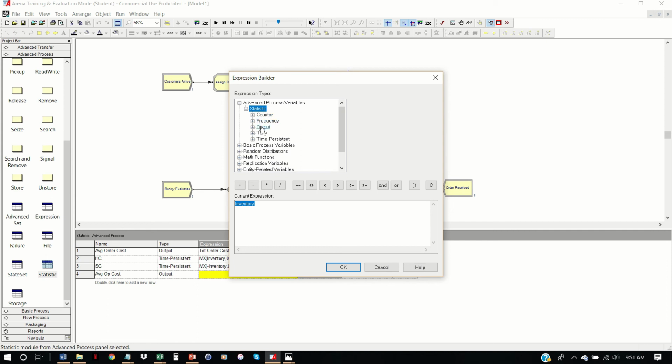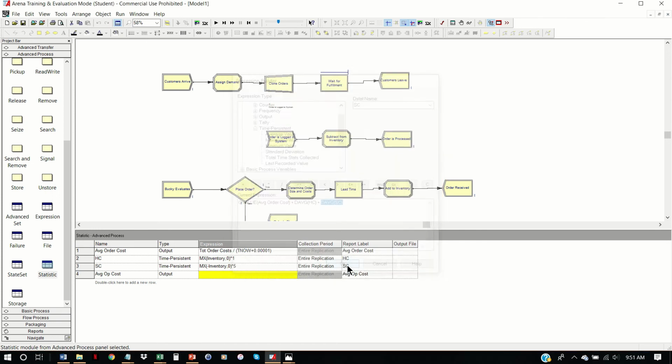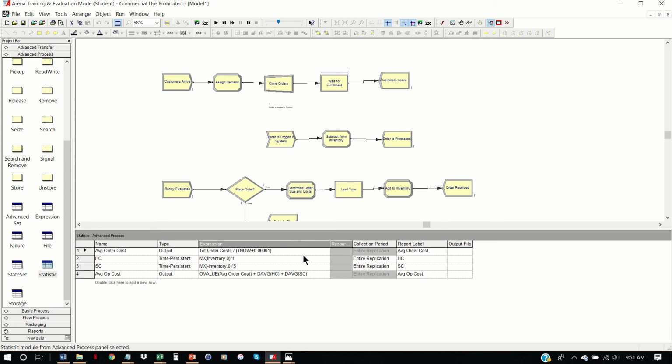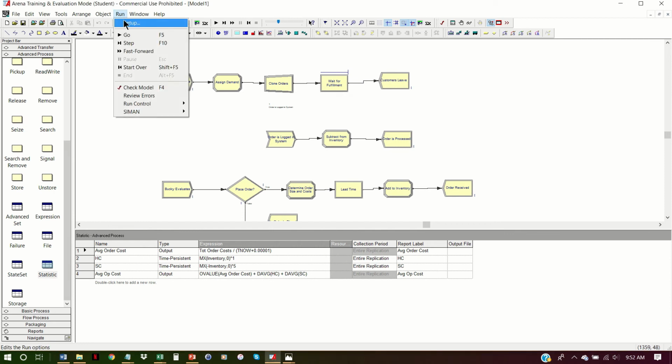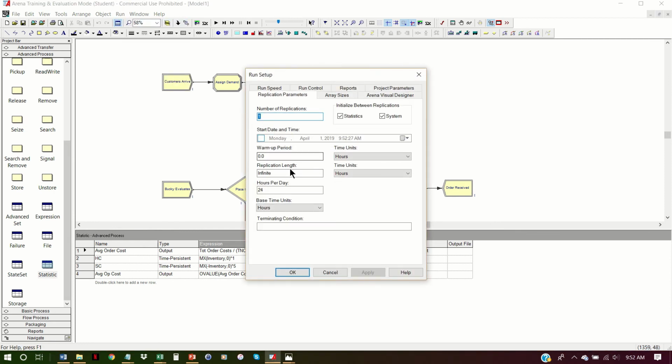We're going to look at the output of our average order cost plus the average value of our holding cost plus the average value of our shortage cost. And this is now our average operating cost for the system. Okay. And now we're going to run this model for 120 days.